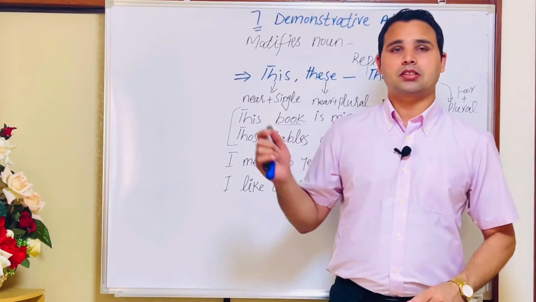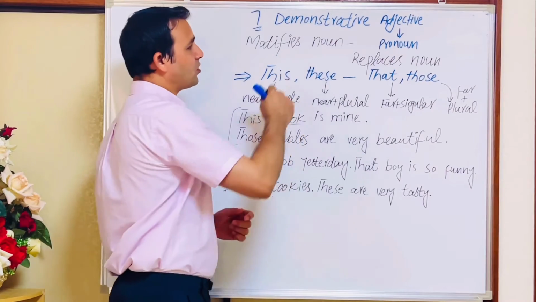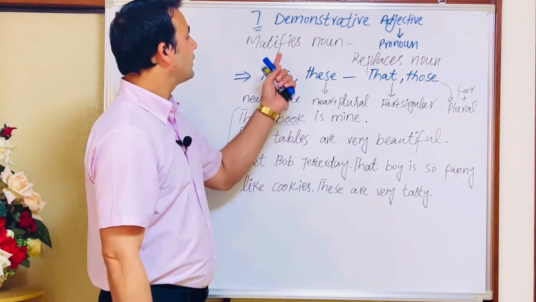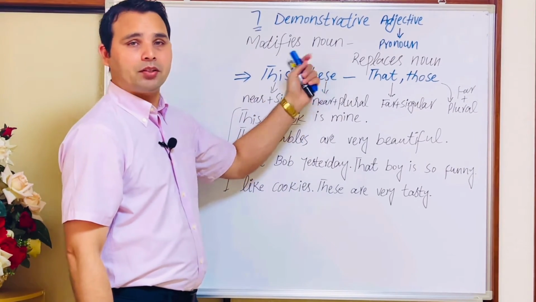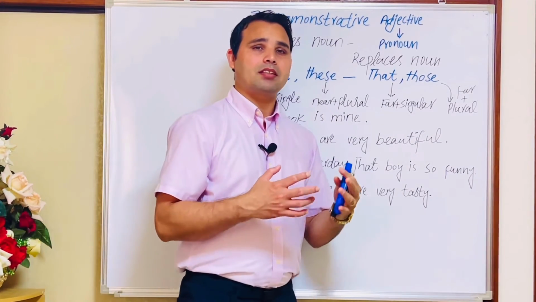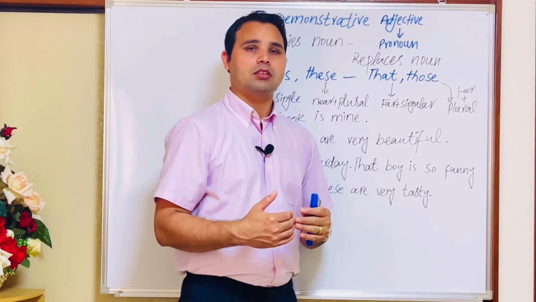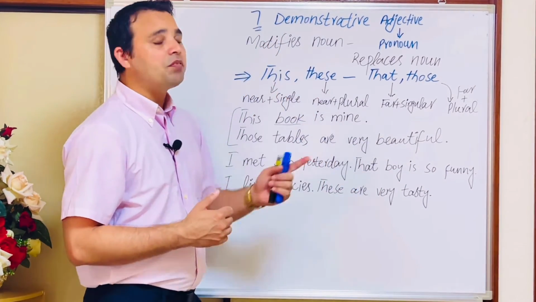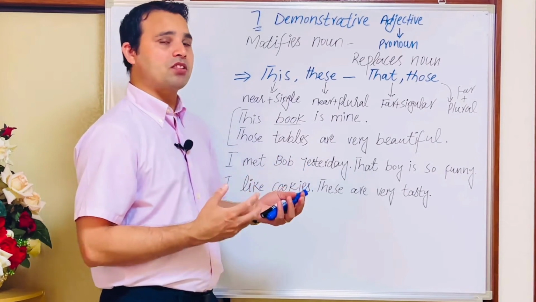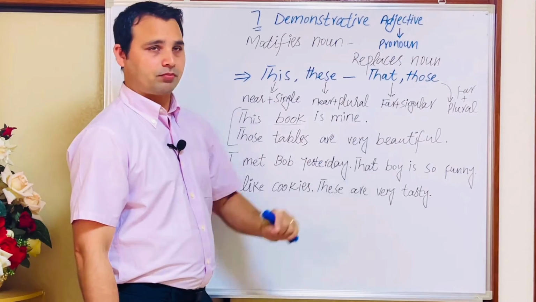So let's talk about demonstrative adjectives first. And the definition of a demonstrative adjective is that it modifies a noun. Modifies a noun means it is always used before a noun. If you remember, in the last videos we have studied demonstrative pronouns.